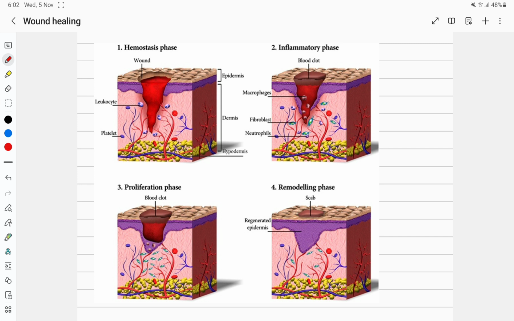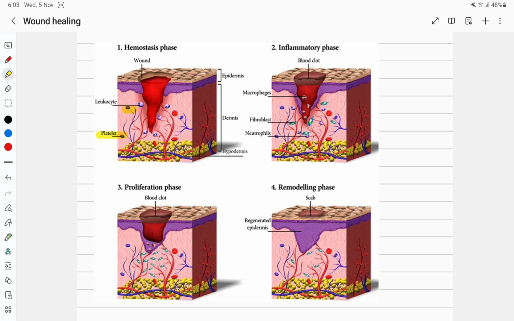And then platelets adhere to the particular site, activate, and further aggregate, forming a platelet plug. You can see in this picture as well, there are platelets here. Those platelets come to the injured site, get adhered and activated, then aggregate and form a platelet plug.